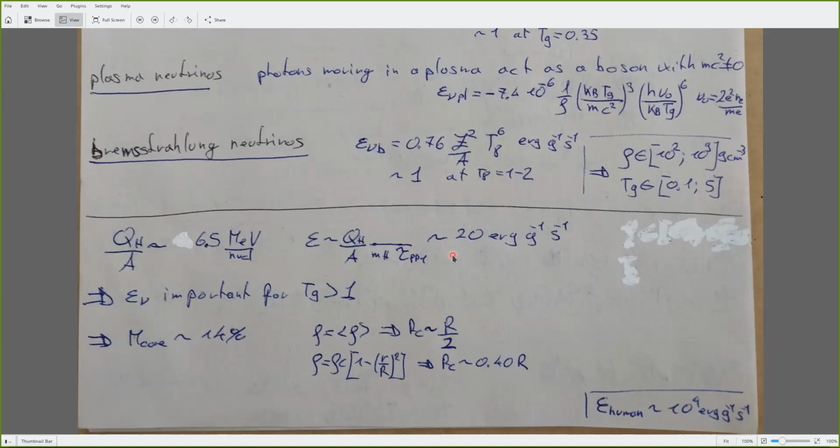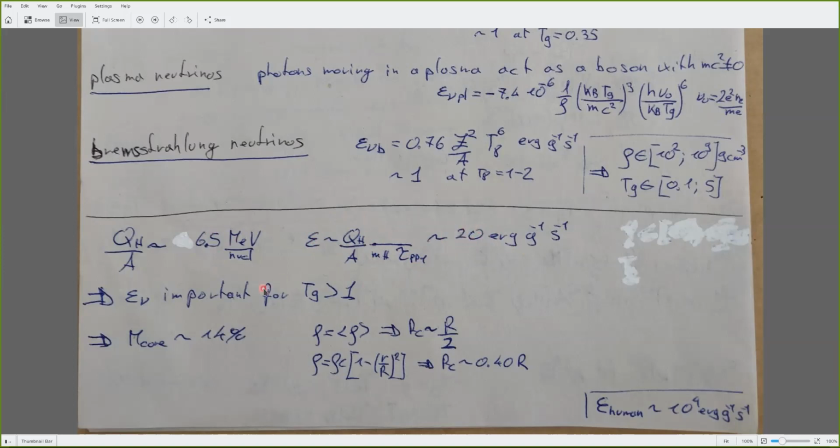because this is the part that can then produce the energy. Another important thing: epsilon is 20, and this does not depend on the mass of the star. It's just the production of energy for hydrogen burning, this value.